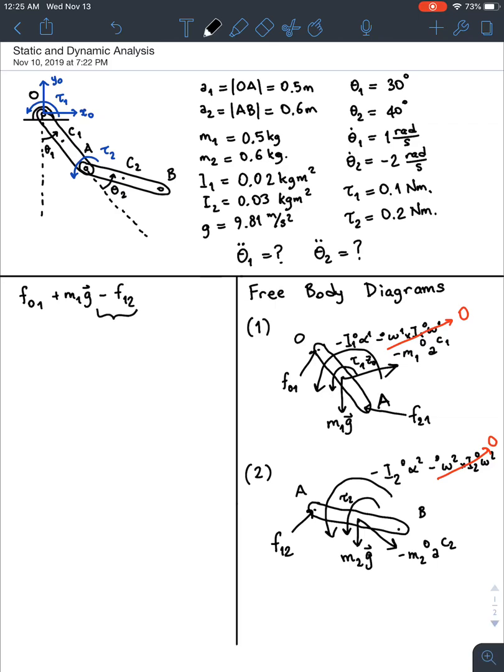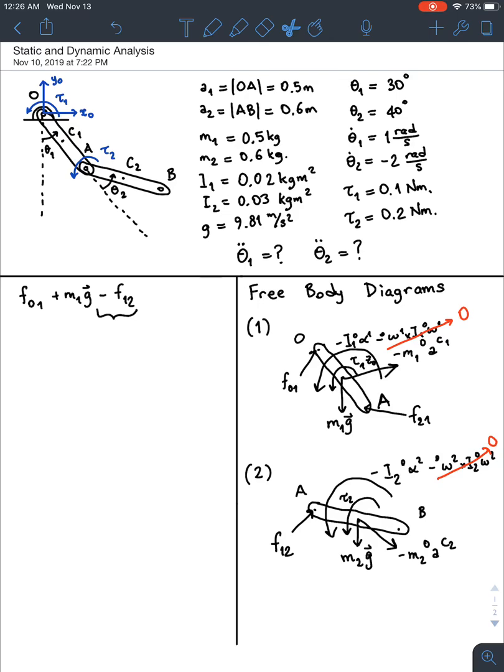Because this minus F12 is equal to what? F21. It's equal and opposite due to Newton's third law, right? When some rigid body exerts a force on another rigid body, that other rigid body exerts the equal and opposite force on the primary rigid body. Yeah, and that's where this term comes from.